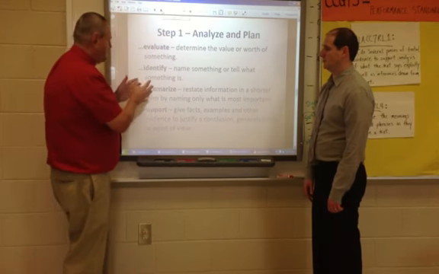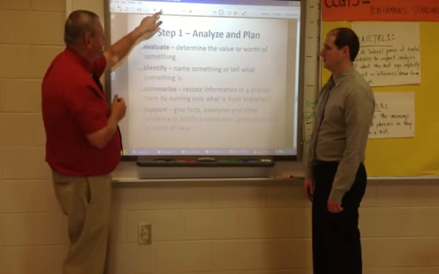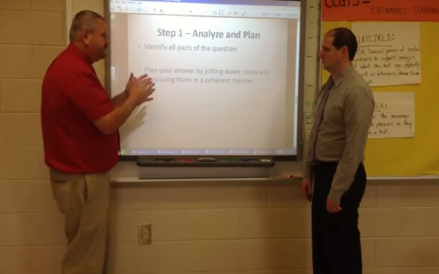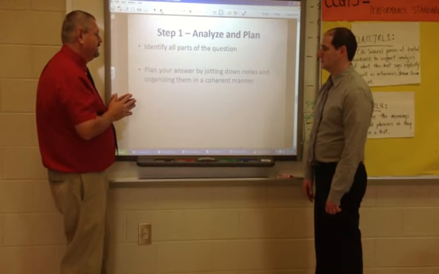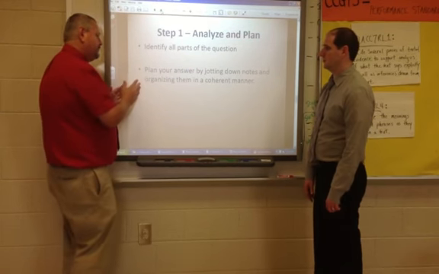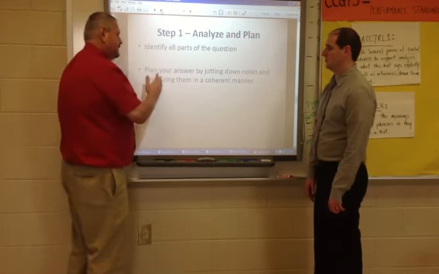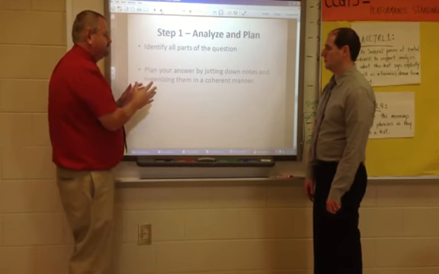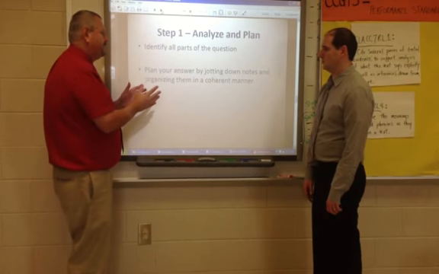So now that we've been able to analyze the prompt, now we need to plan out. So we want to be sure we identify all parts of the question. What are the 2 actions we're going to have to take? And then the planning also comes in with a jot list, maybe a T-chart. We don't want an extensive pre-writing that you would have in an essay. We don't have time for that.